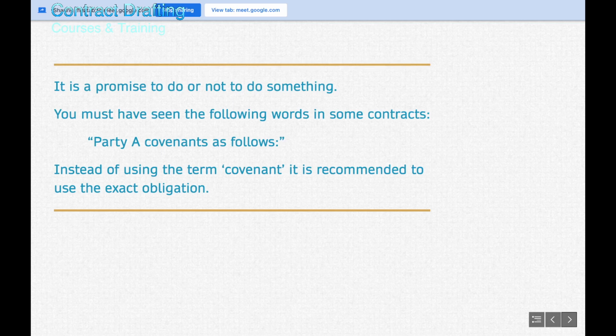Instead of saying that party A covenants, we can simply list those statements that XYZ shall do something or shall not do something. So we can use the exact obligation. So covenant is an old format which we can avoid.